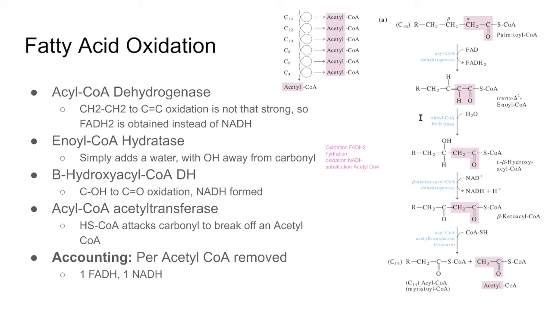So in that scenario, if we have a 16 carbon long palmitate, then it should remind you that you're going to repeat this process. So if there's 16 carbons of palmitate, I like to think of that as 8 acetyl-CoAs. And there are 7 bonds in between them.